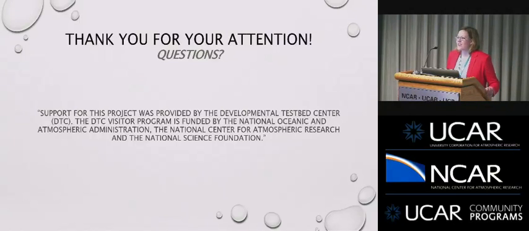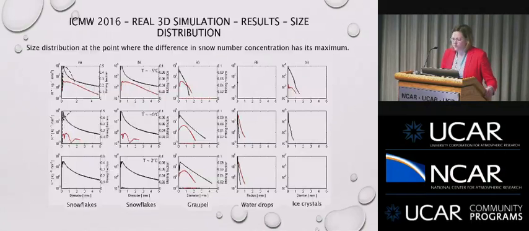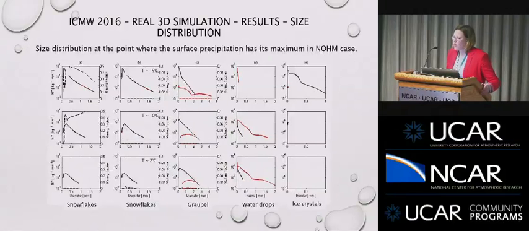Can you go into a bit more detail about why you think the simulation without the Hallett-Mossop effect produced so much more precipitation? I may have missed that part. I think it is because we have less graupel and snowflakes in the case without the Hallett-Mossop effect. Because of that, the available cloud water collides and forms water drops, and there are no snowflakes collecting those water drops.